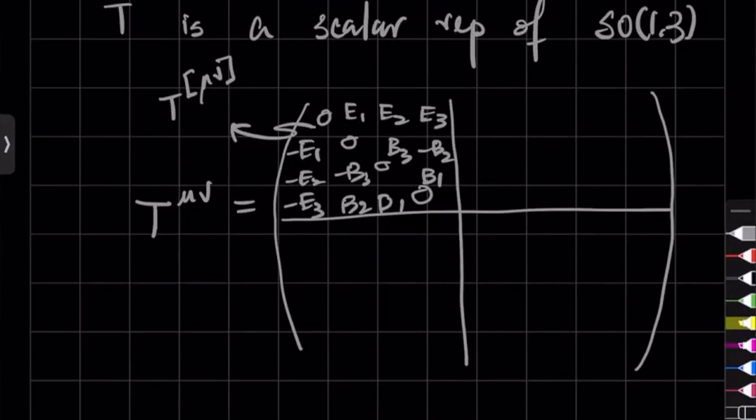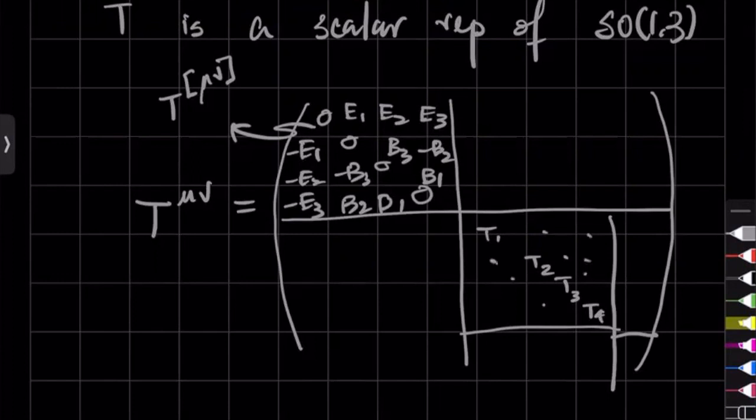And then we have another part, which will have, say, T1, T2, T3, T4, and then whatever we write here will be exactly the same here. So this will be symmetric, but T1 plus T2 plus T3 plus T4 will be 0.